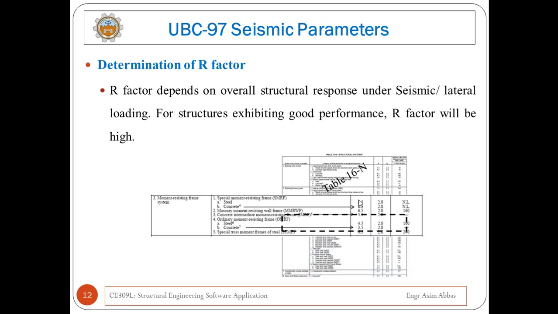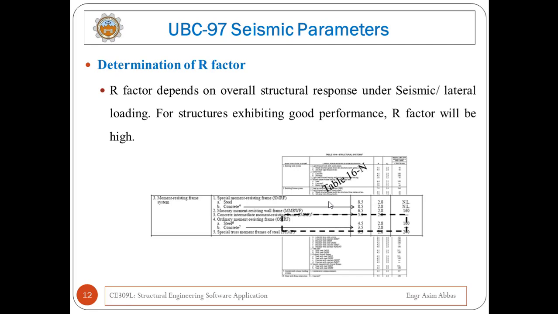For special moment resistant frame, the R factor value for both steel and concrete is 8.5, and this value is much higher than IMRF and OMRF, because in SMRF there are a lot of additional requirements for designing against earthquake, so this gives you good performance as compared to the other systems.